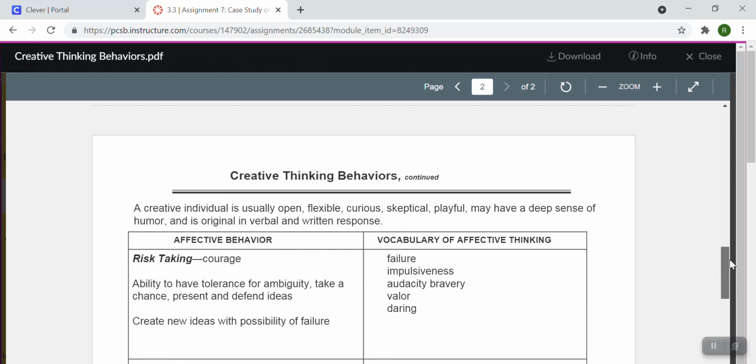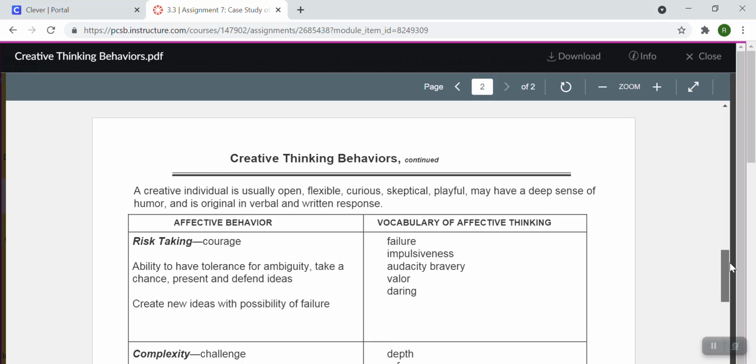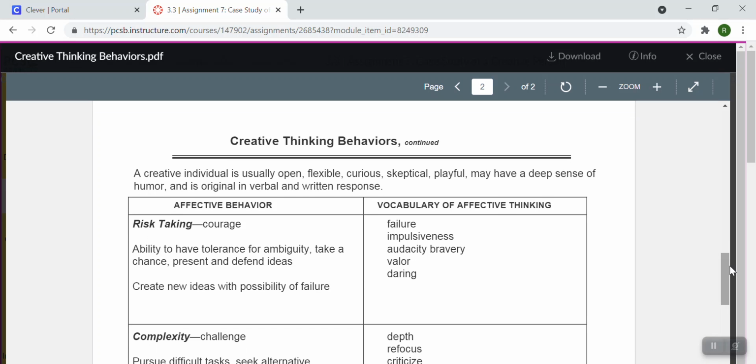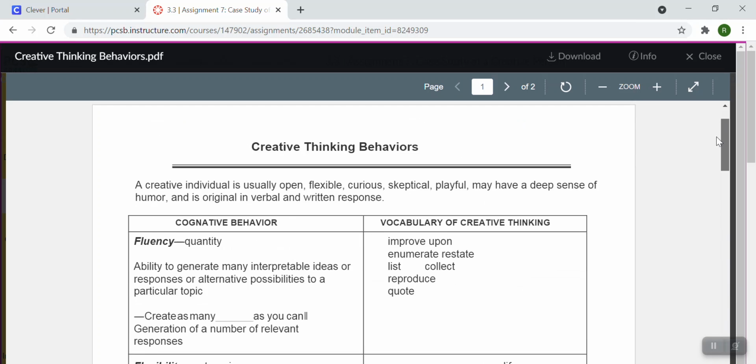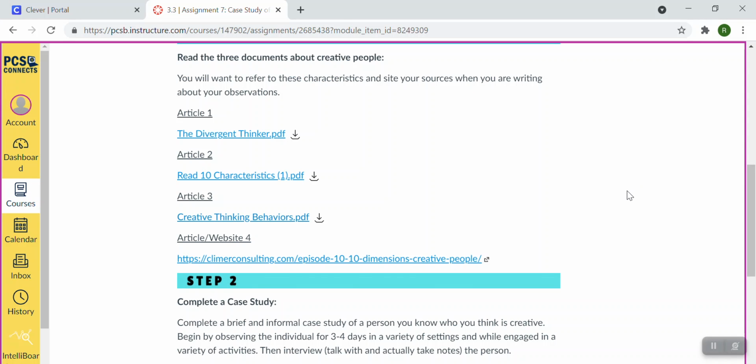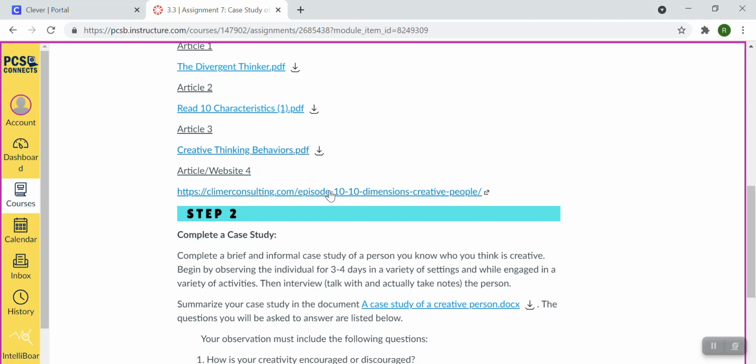Those fall on more of the effective behaviors, and it really roots a student to their core. So these 2 together are really great, the effective and cognitive. Fantastic resource. And then there is this article website. It's actually the Climber episode about the 10 dimensions of a creative person. You've listened to a couple of her podcasts already. This is another one. It's fantastic.